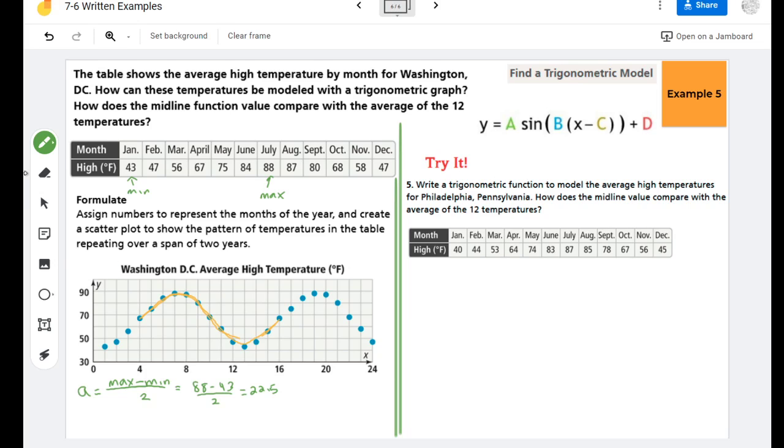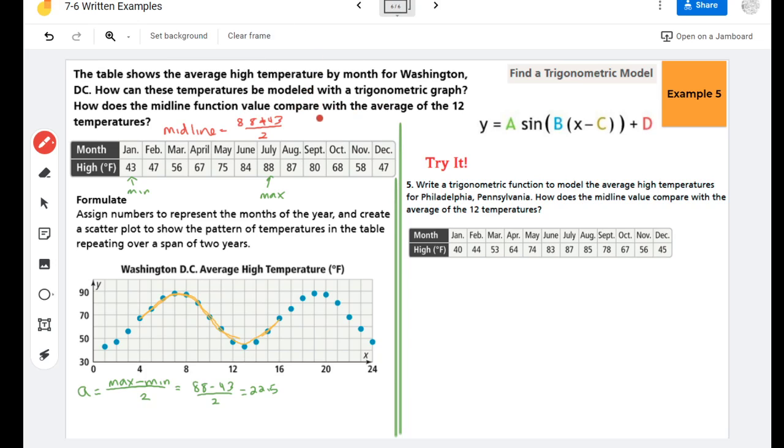Now that being said, I still want that midline because I want to know exactly what it is, because this is asking me about the midline. So I'm going to do the same calculation, but I'm going to do it with a plus. Okay, so my midline is the average of those two. So 88 plus 43 over 2.